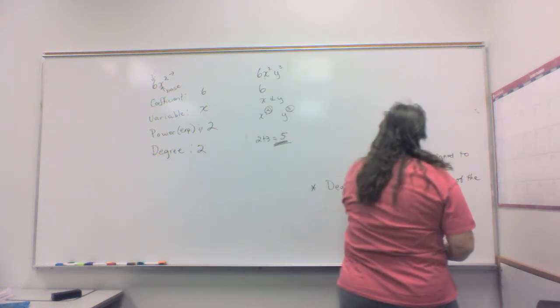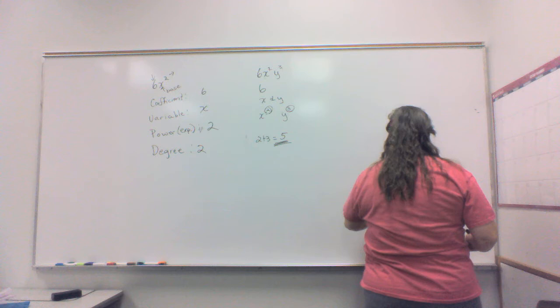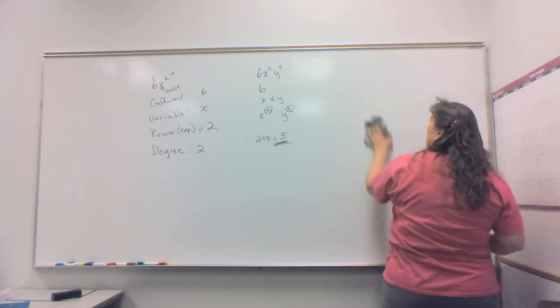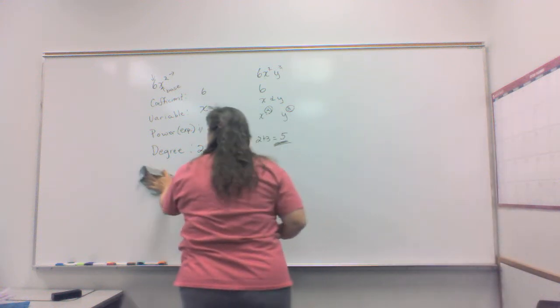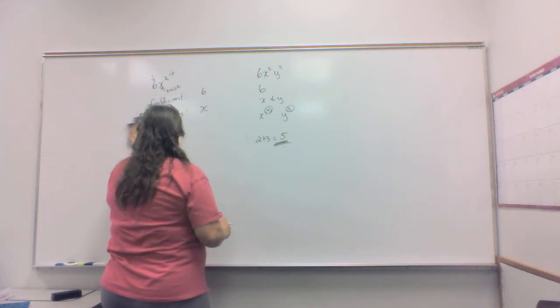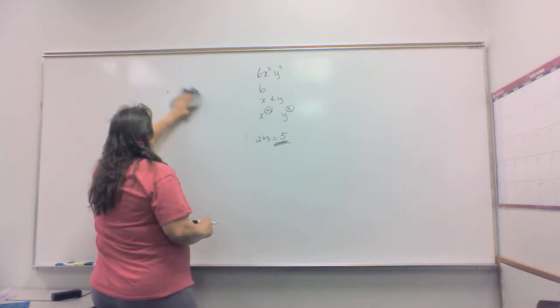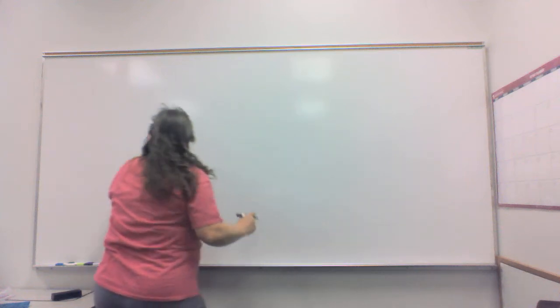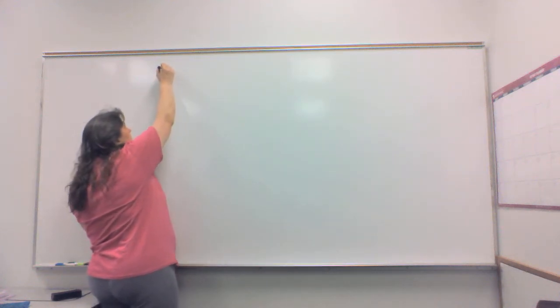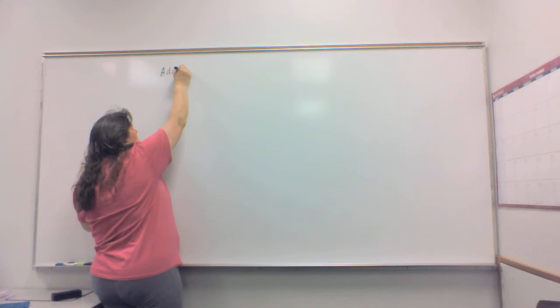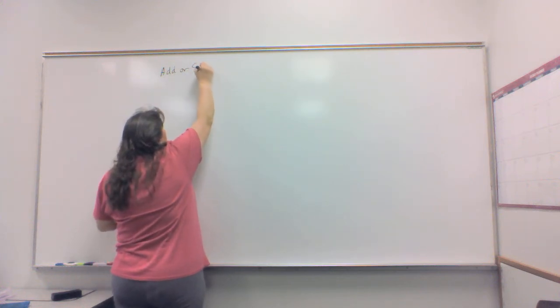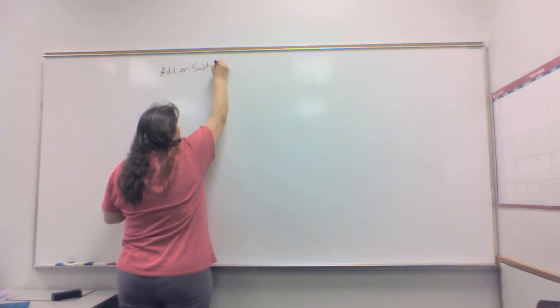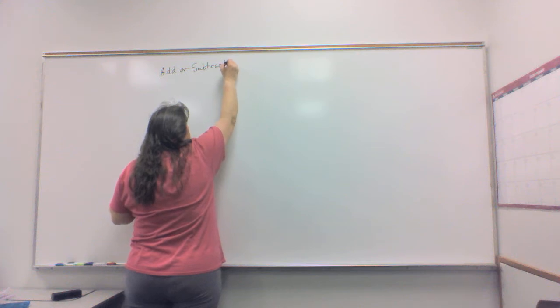And we can label all these things for whatever terms we come up with. So let's look at the operations of these things. Add and subtract are simply nothing more than combining like terms.